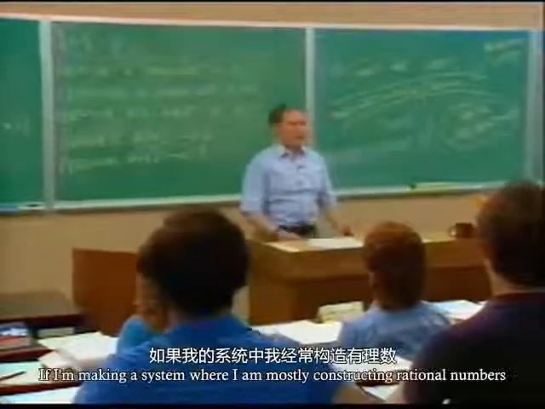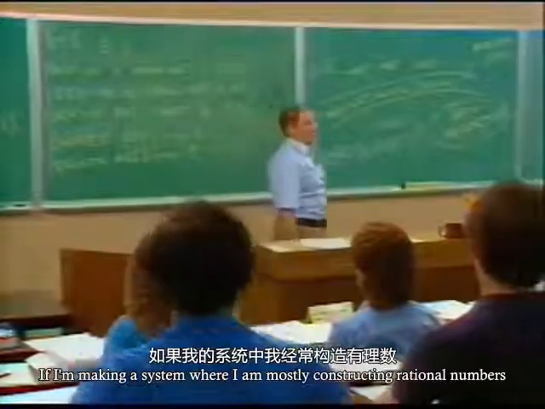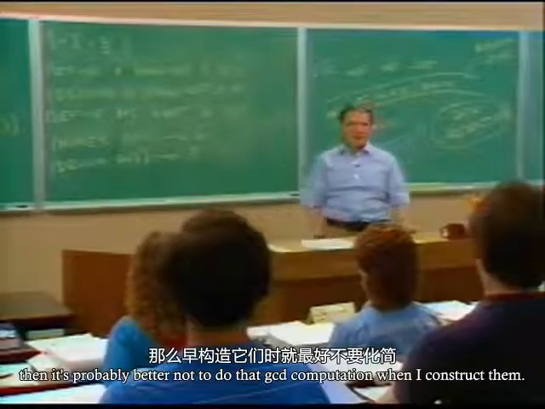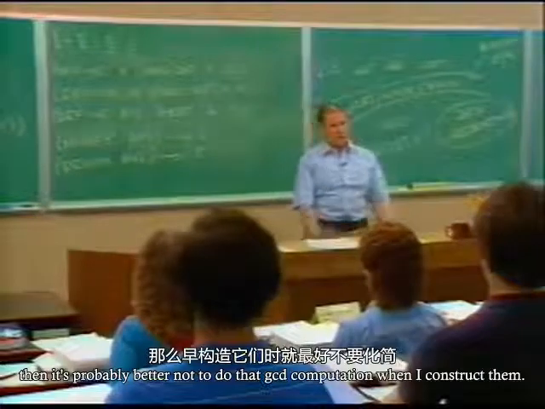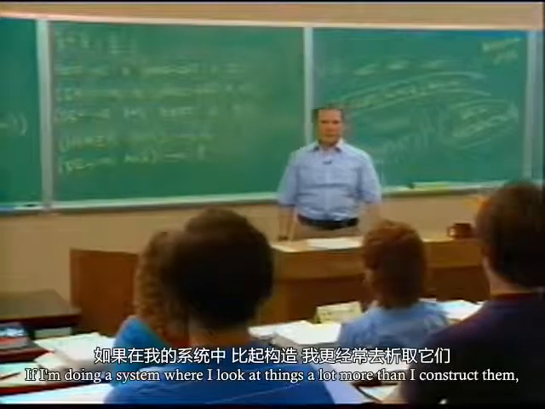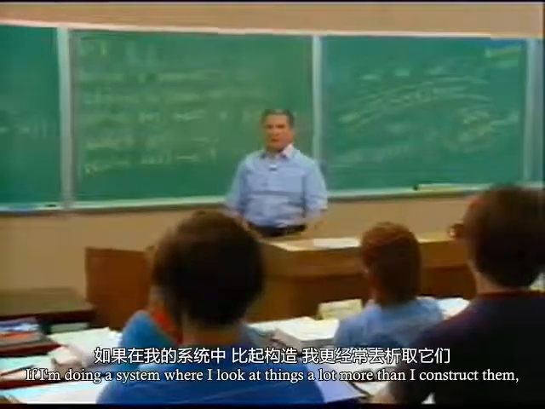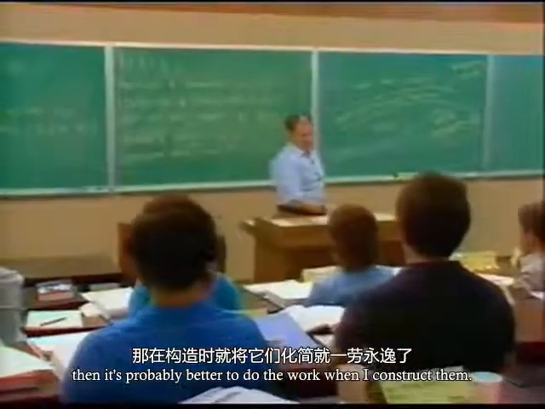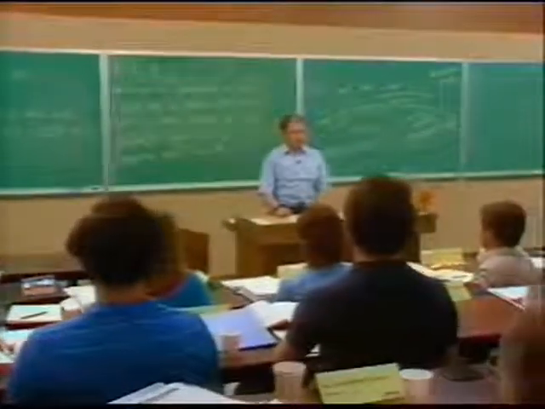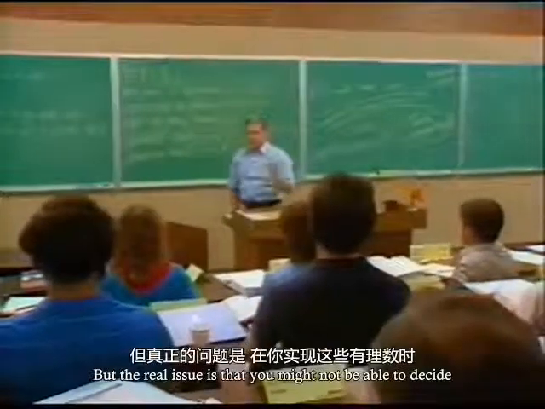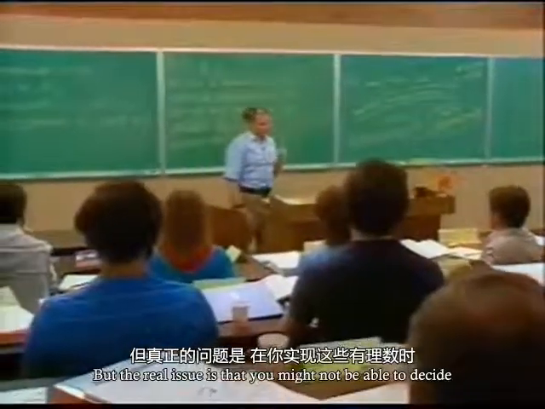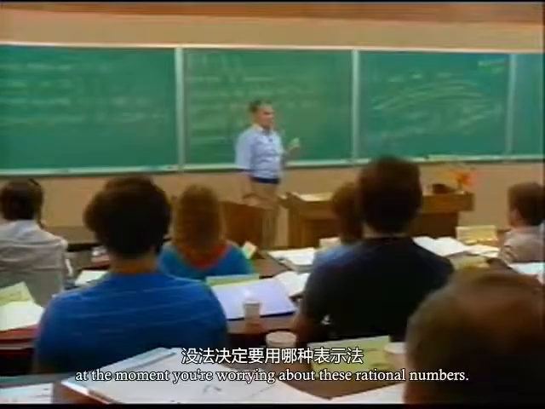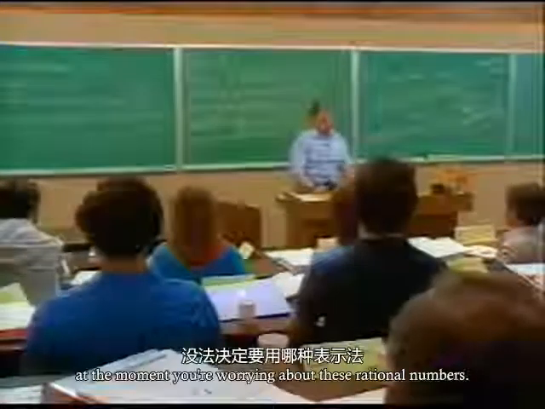Well, it depends. If I'm making a system where I am mostly constructing rational numbers and hardly ever looking at them, then it's probably better not to do that GCD computation when I construct them. If I'm doing a system where I look at things a lot more than I construct them, then it's probably better to do the work when I construct them. So there's a choice there. But the real issue is that you might not be able to decide at the moment you're worrying about these rational numbers.